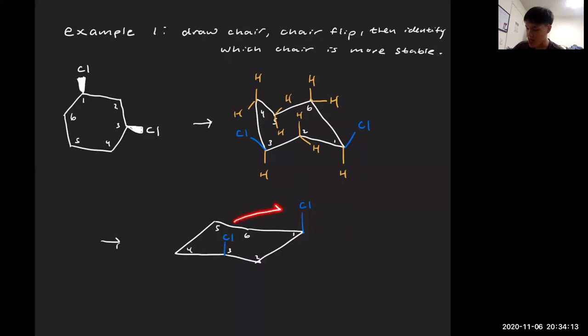It may not look like it now, but in 3-dimensional space, these groups are interacting with each other really strongly. So that's not really favorable for this chair conformation. This other one has both groups in equatorial positions, which means less gauche interactions, so this chair is the more stable of the two.